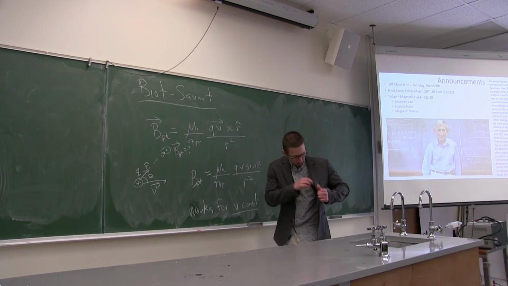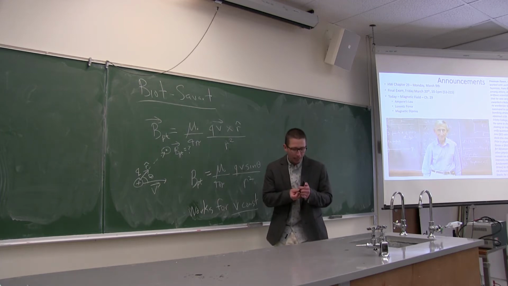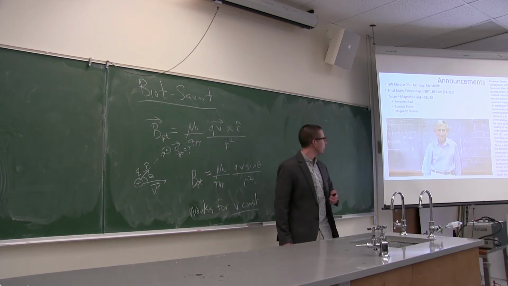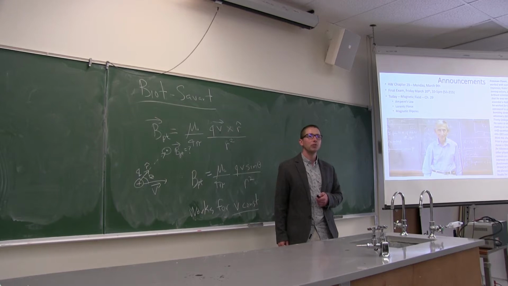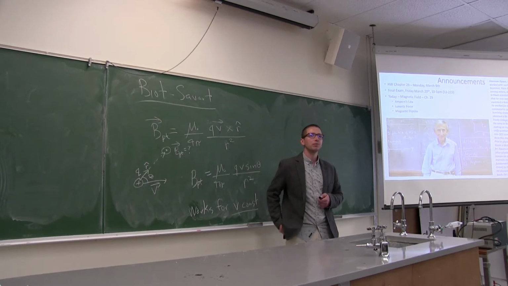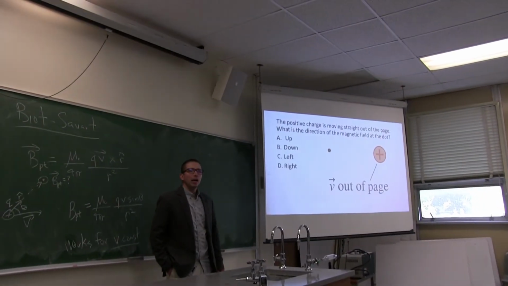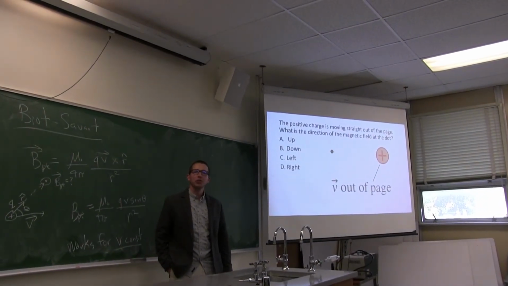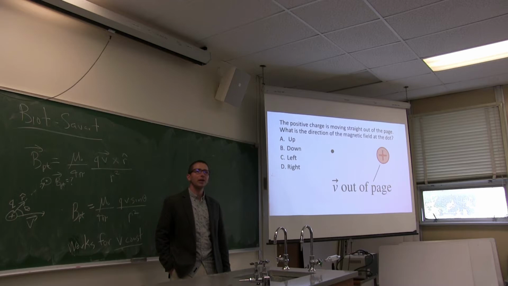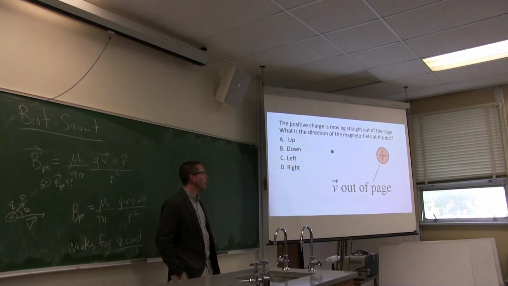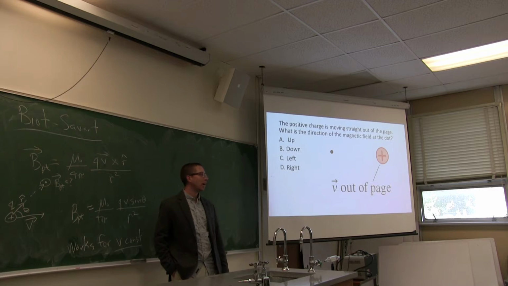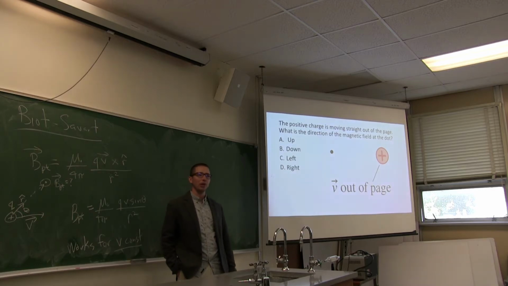Now, just to check our understanding here, let's just try an example. Let's take out your voting cards. So a positive charge is moving straight out of the page. What is the direction of the magnetic field at the point?